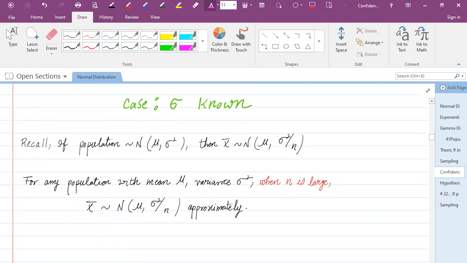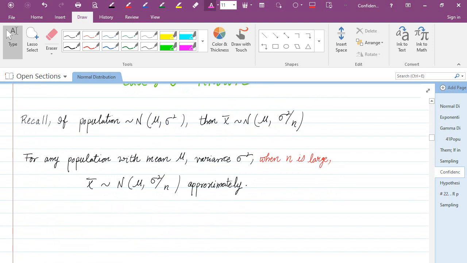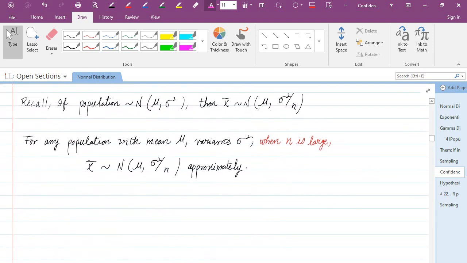So assuming that sigma is known, then recall that the sampling distribution of x bar is normal with mean equal to the population mean and variance equal to the variance of the population over the sample size. Now this is true when n is large, and this is always true when the population has a normal distribution approximately.